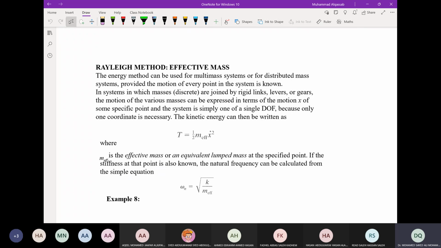We find the equivalent stiffness of some object like a rod or a spring or a beam, cantilever, simply supported, or fixed beam. Here, this is related to the mass.